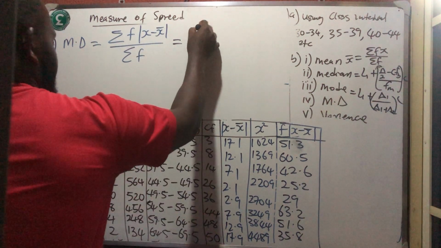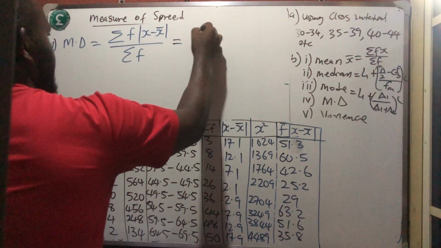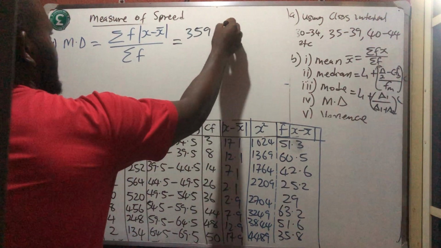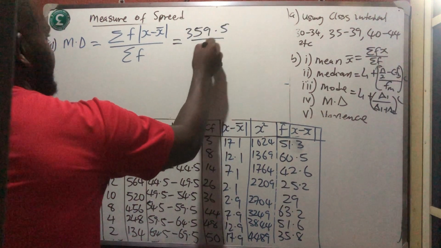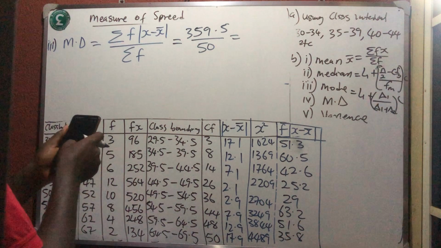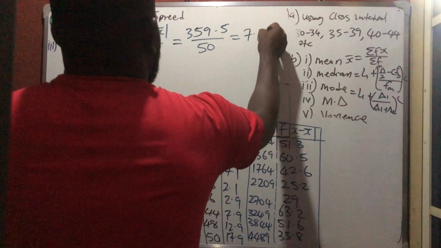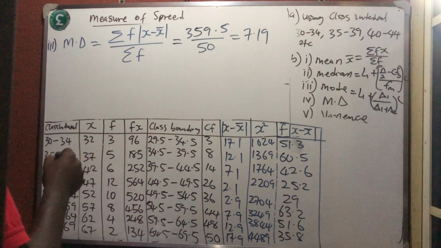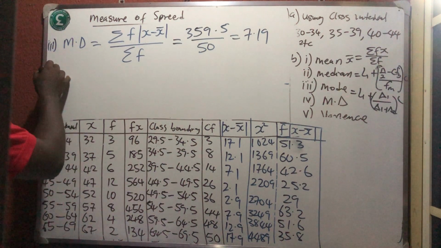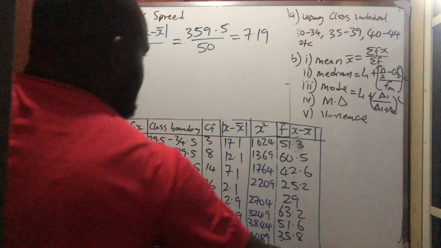So everything gave me 359.5, divided by, this gave me 50. So my answer becomes divided by 50. So I'm having 7.19. So this is what? The mean deviation.